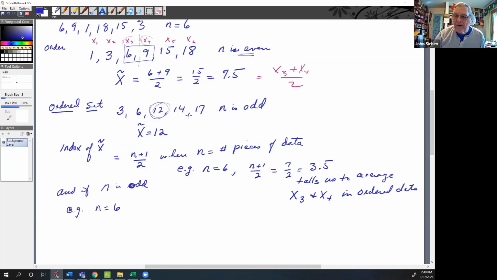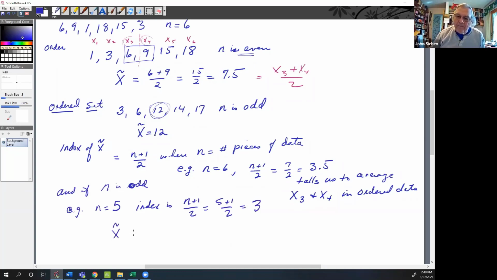No, this was 5. Well, 6 isn't odd anyway, 6 is not the number we wanted here. So maybe 5. Then the index is still (n + 1)/2 = (5 + 1)/2 = 3.